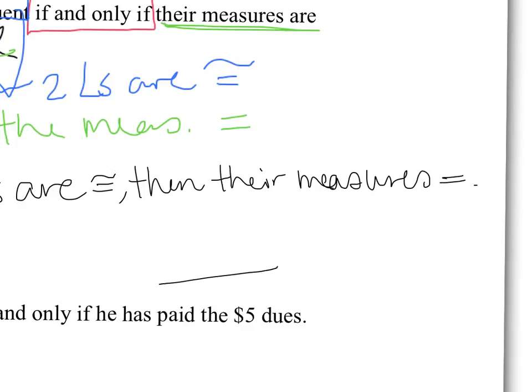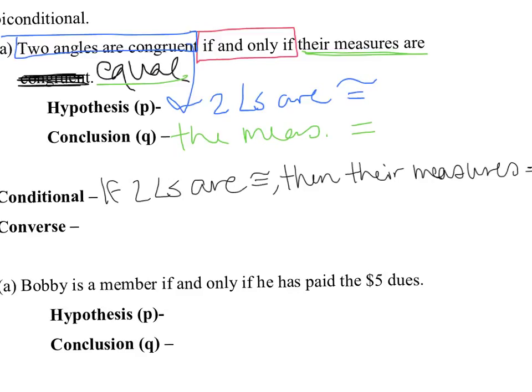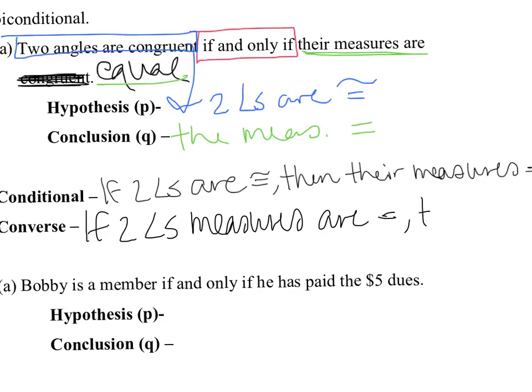Okay, so I just put my conditional, my hypothesis, and my conclusion together in P to Q. If two angles are congruent, then their measures are equal. So for my converse, I'm just going to do Q to P. I'm going to flip that. If two angles measures are equal, then they are congruent.